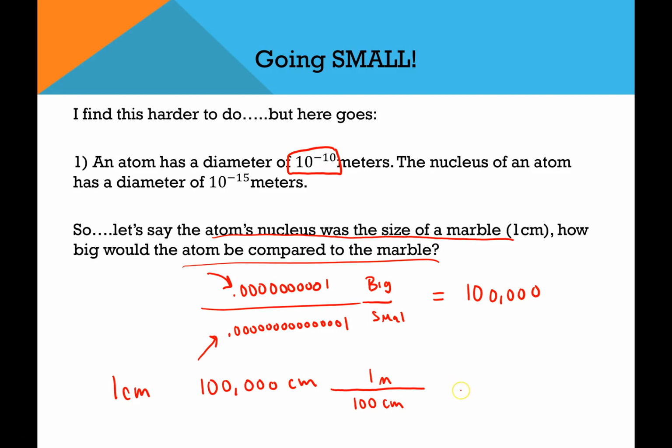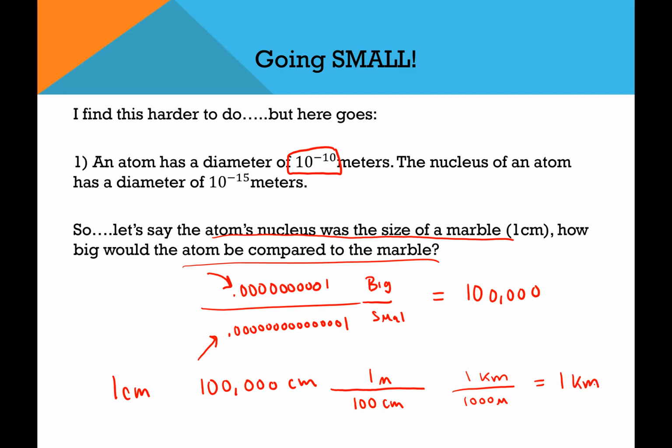I also know that there is 1,000 meters in 1 kilometer. So let's see what we can do here. So we're taking 100,000, dividing it by 100, and then dividing it by 1,000. We actually get 1 kilometer.